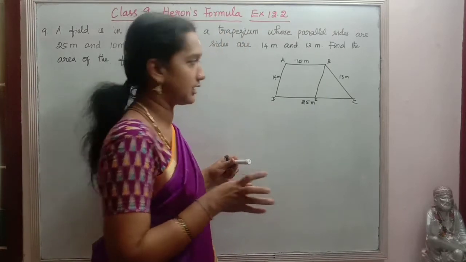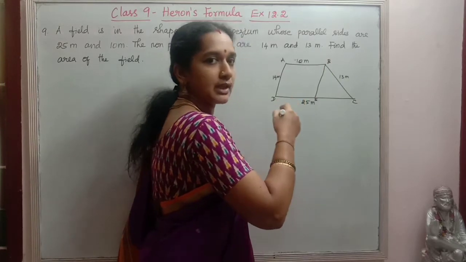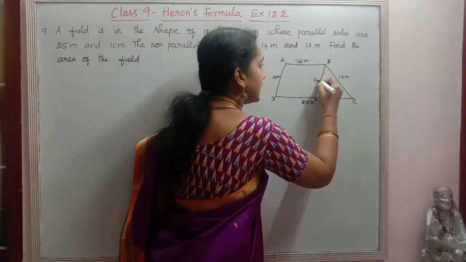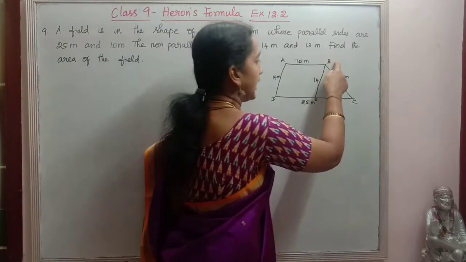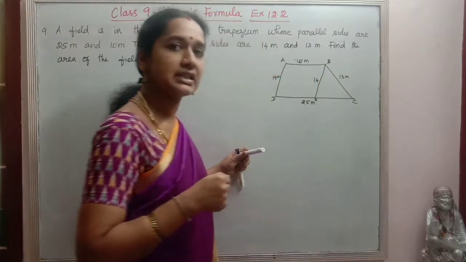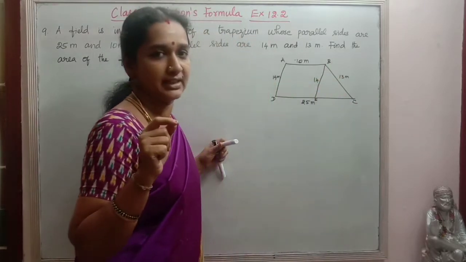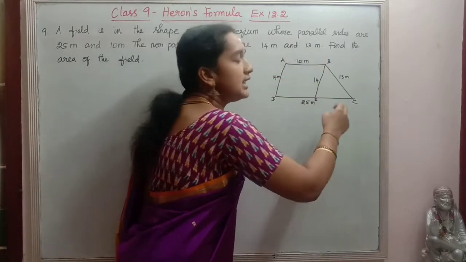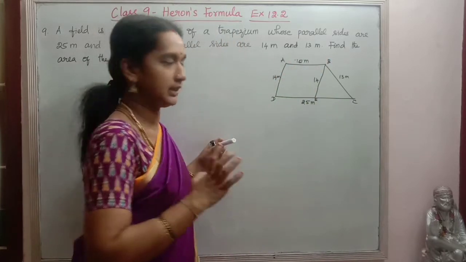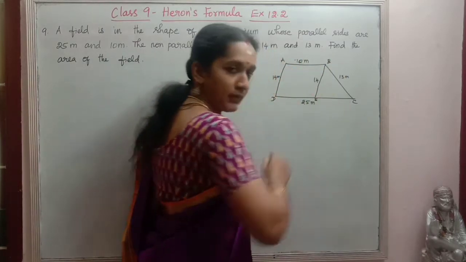ABED is a parallelogram, and in a parallelogram opposite sides are equal, so the length of BE will also be 14 meter. ABED is a parallelogram, and BEC is a triangle. The full length is given as 25 meter.